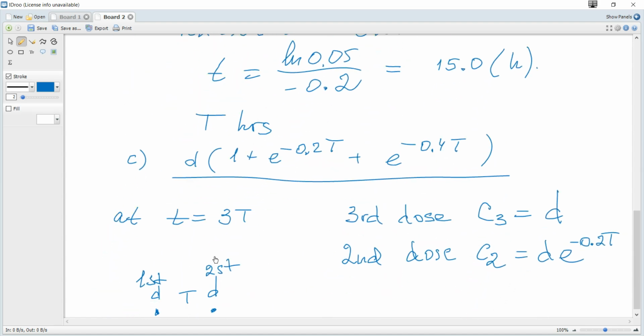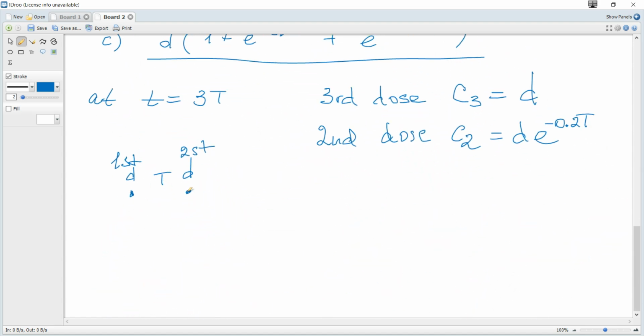So the first dose remaining at this moment of time is e to the negative 0.2T, and the third dose is D, and the second dose at this moment of time is e to the negative 0.2T, but the first dose at this moment of time is e to the negative 0.2 times 2T, because 2 time intervals elapsed.